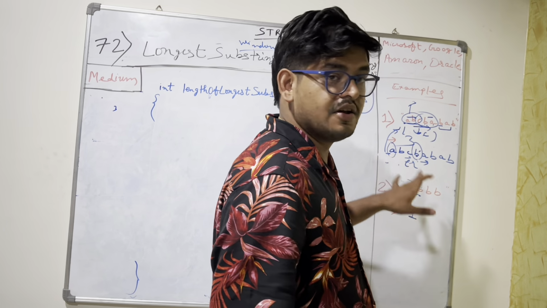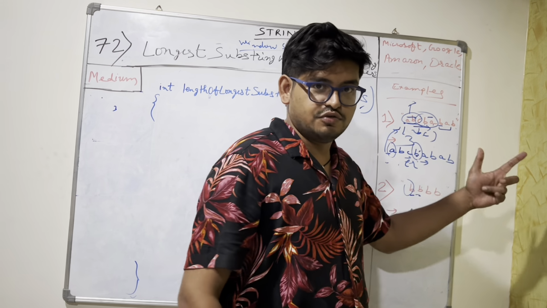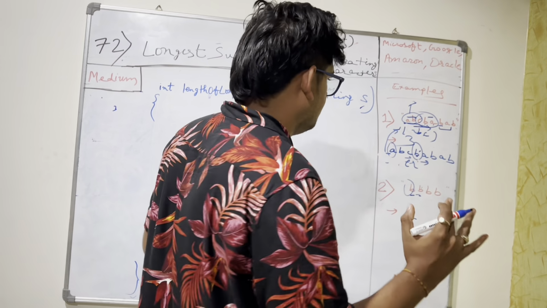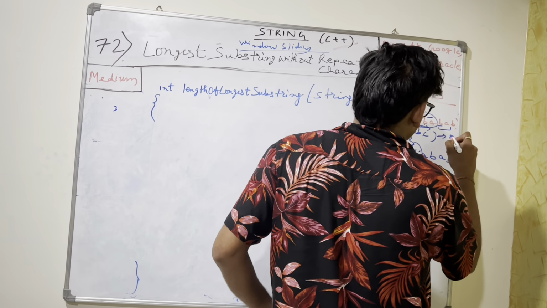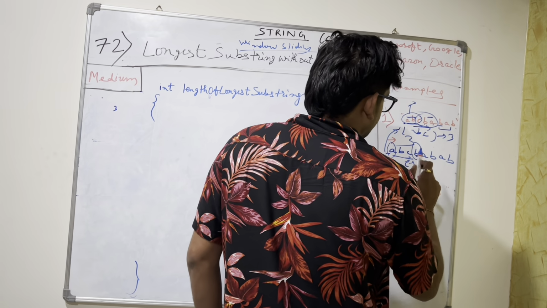So let's complete this. When A was not present, you added it, and whenever you go to the next, you find the maximum frequency, the maximum number of unique characters. Currently it was A, B, C, 3, so you have this 3.